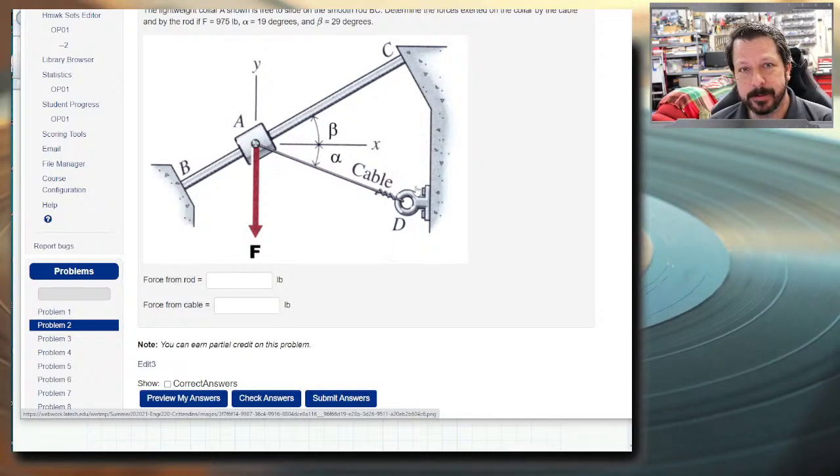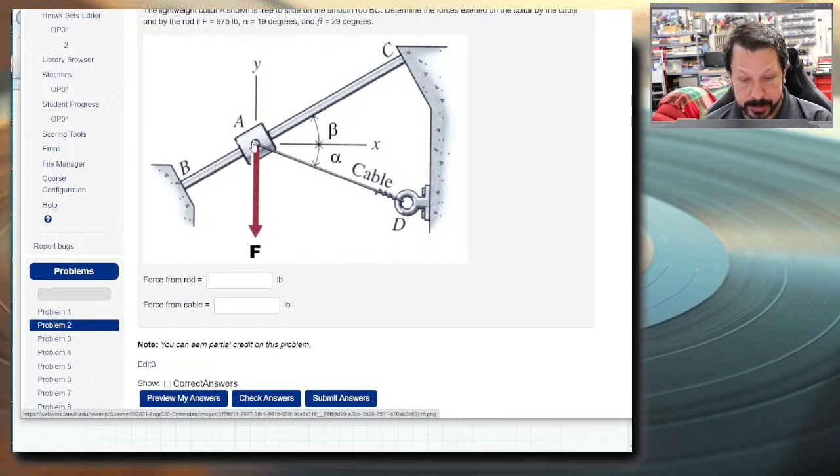We assume that their weight is really small compared to the forces that they're dealing with. Whereas an actual cable could have enough weight that you have to consider how heavy this thing is. But here we're going to assume that this only carries tension and it doesn't have an important weight, so we don't have to worry how much this little cable weighs.